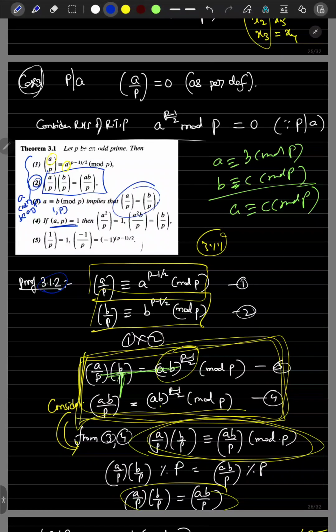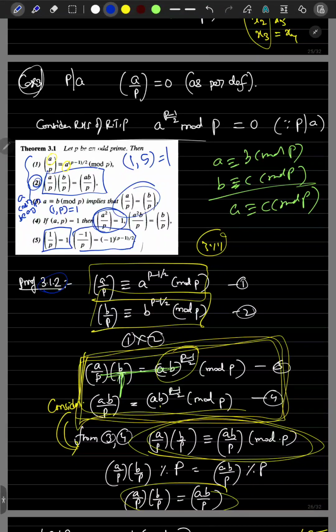Can I write GCD of 1 comma P is 1? Yes, of course, like GCD of 1 comma 5 is how much? 1. Since it is happening, can I write directly A equals 1 here? Can I put A equals 1? Then what will happen? Nice thing.